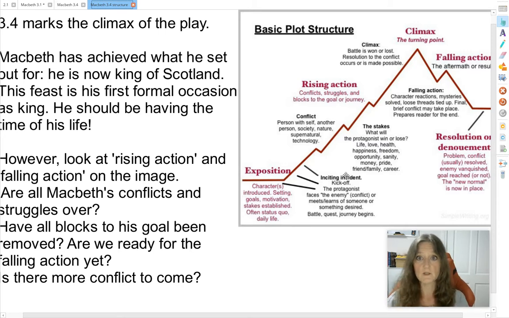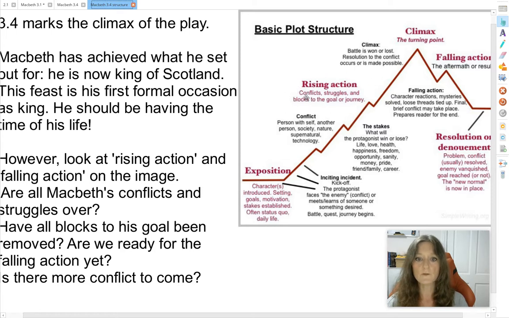Well, he thought he'd removed Banquo, but Banquo's popped in again as a ghost or as a figment of Macbeth's imagination. Are we ready for the falling action now? Character reactions, mysteries solved, loose ends tied up, final brief conflict may take place, prepares reader for the end. Are we into the aftermath? No, in a way, we've still got more rising action to come.